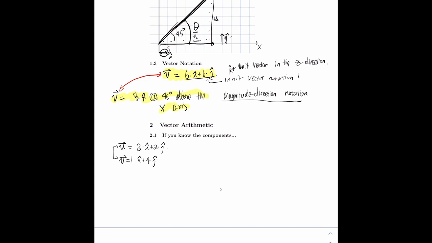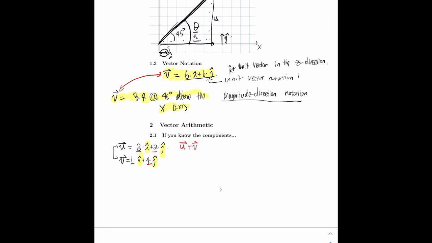If you know components, you can just think of i hat and j hat as variables, stuff that you can't combine or do anything to unless we do some specific operations. And when we add and subtract these two vectors, we're just going to think of them as variables and combine like terms in front of the vectors to make our final product vector.